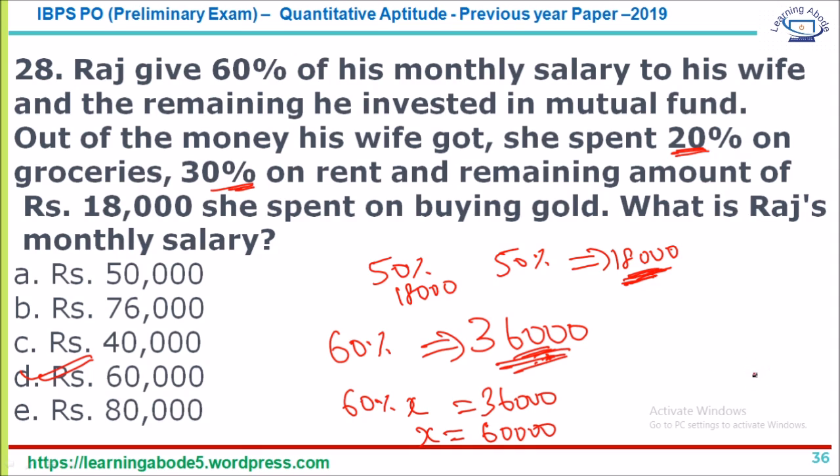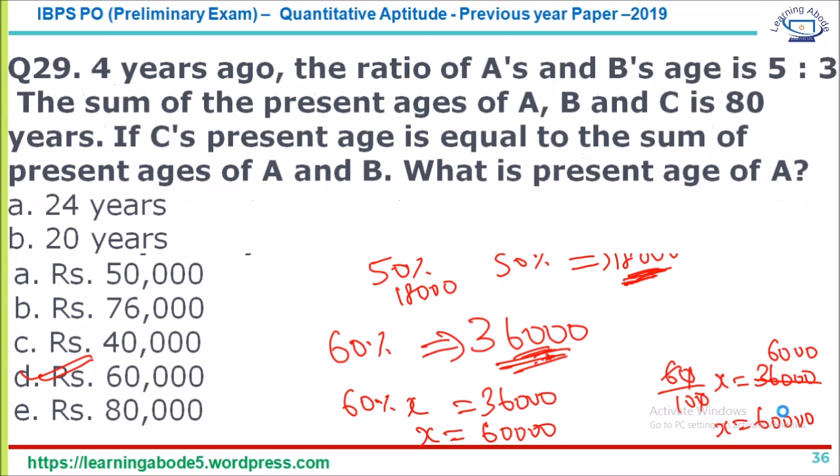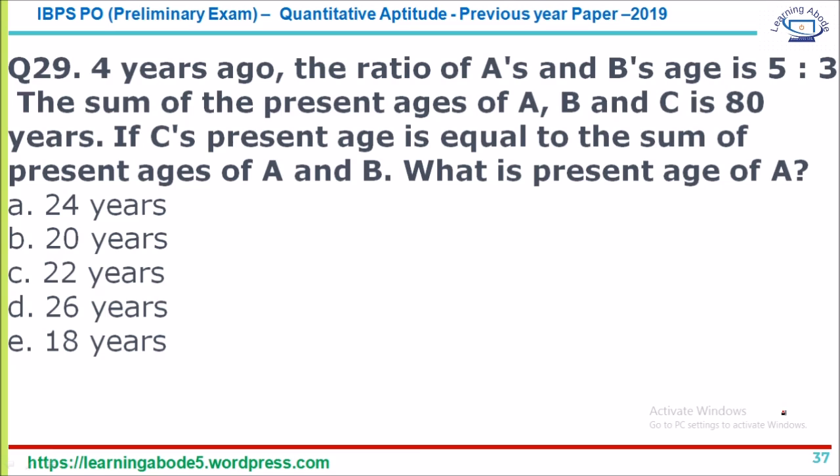Now this calculation we should do directly, otherwise it is a waste of time. 36,000 divided by 6 is 6,000, then carry the 10 to the other side, so it is 60,000. We should avoid writing each and every step. Only then can we solve the 100 questions in 1 hour. Only 60 minutes.